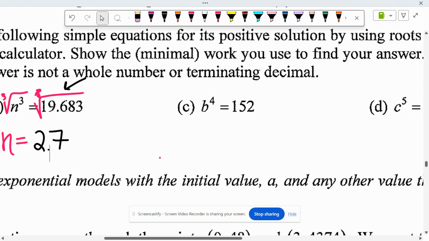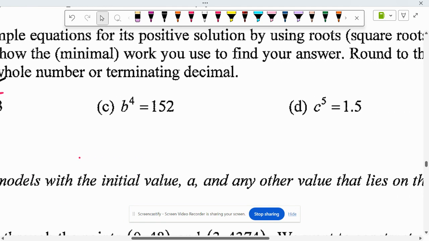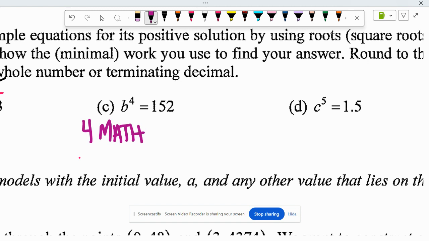When I find the fourth root of 152, I'm going to type in 4, and then go to the math button and select number 5, and it's going to give me something that looks like this. I'm going to type in 152 and hit enter. So what is the fourth root of 152?